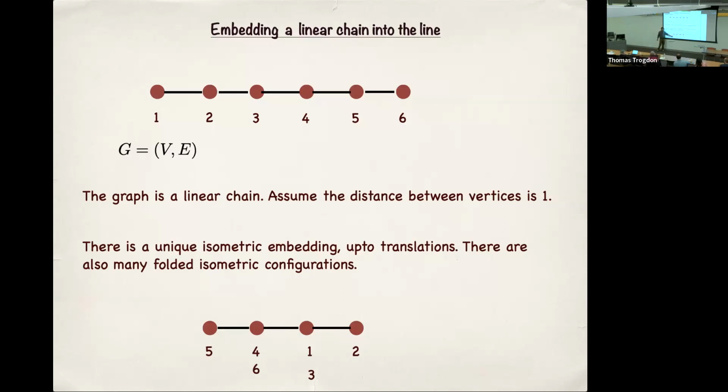So this is an admissible solution to my system of equations. I've labeled each of these points, and you can imagine a chain which has become folded as I go along. The main point is that the distance between each of these vertices is equal to 1.